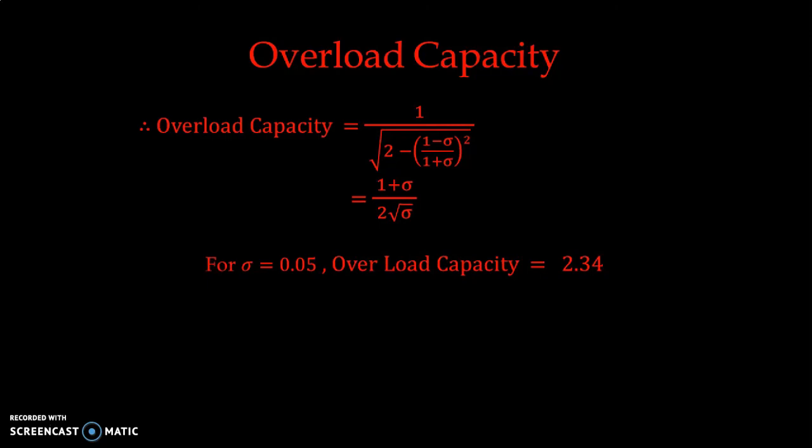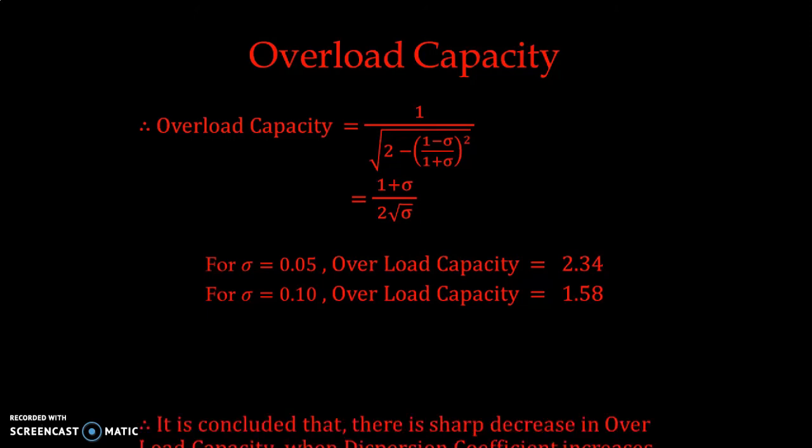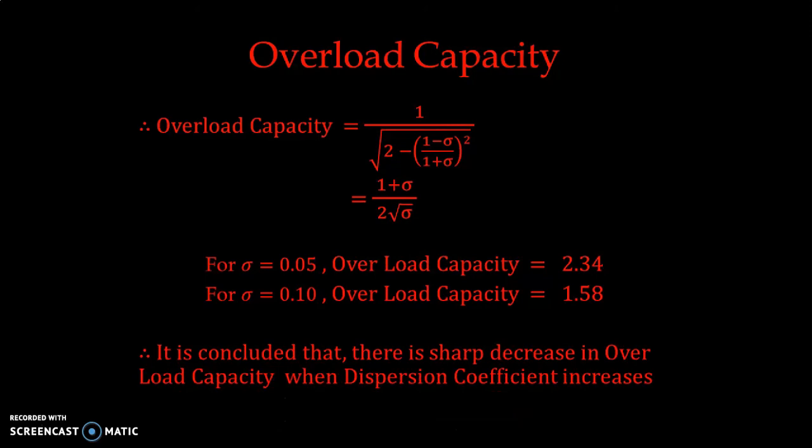If we now double the value of dispersion coefficient, from 0.05 to 0.1, then overload capacity will decrease, almost to half, that is 1.58. So it can be concluded that there is a sharp decrease in overload capacity when dispersion coefficient increases.